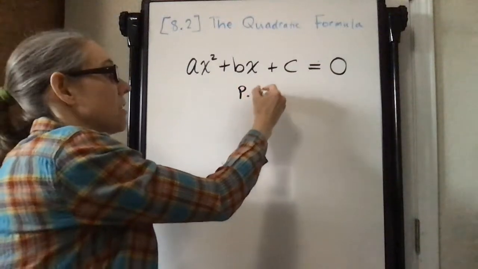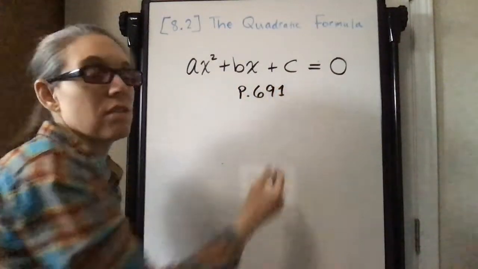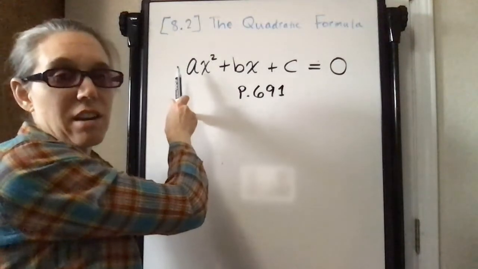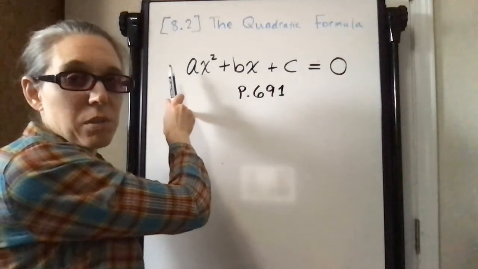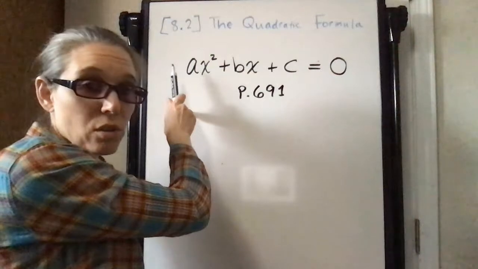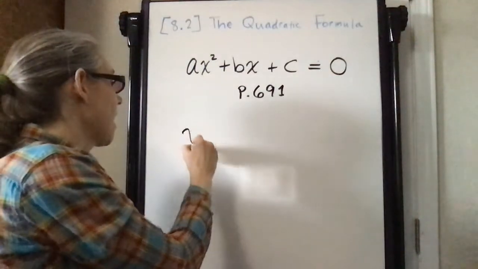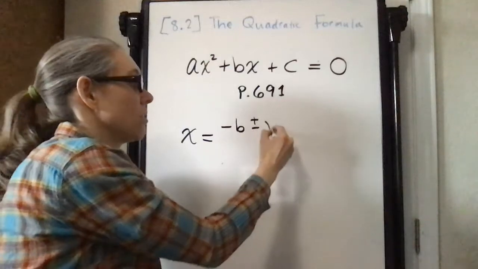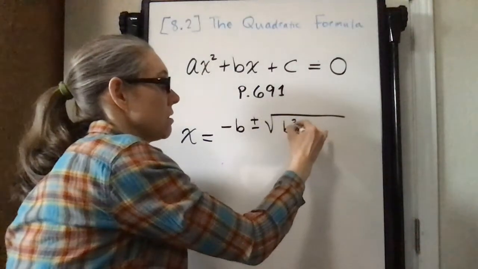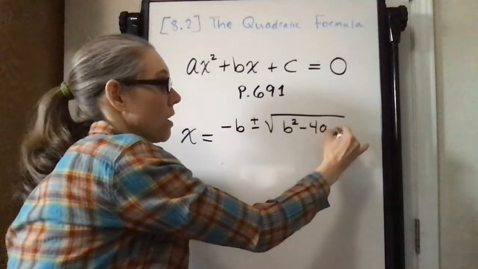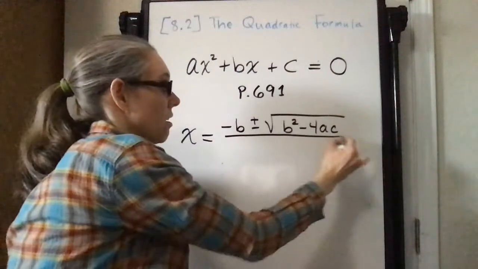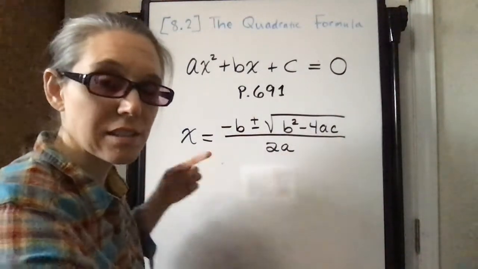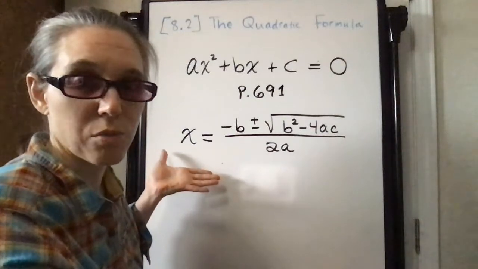If you go to page 691 in your textbook, you can see how completing the square using the generic equation ax squared plus bx plus c results in the solutions x equals negative b plus or minus the square root of b squared minus 4ac all over 2a. This solution is the quadratic formula.